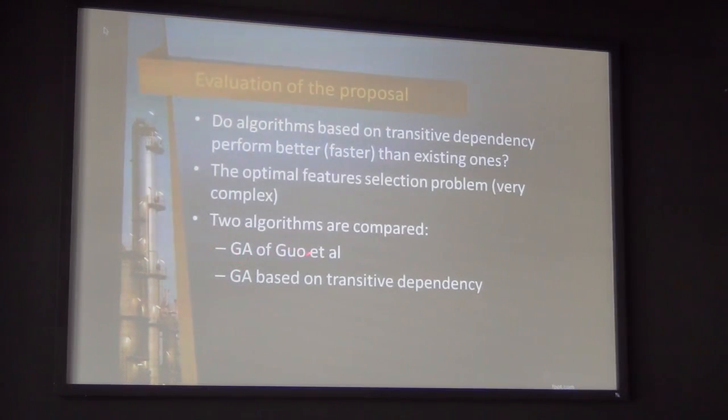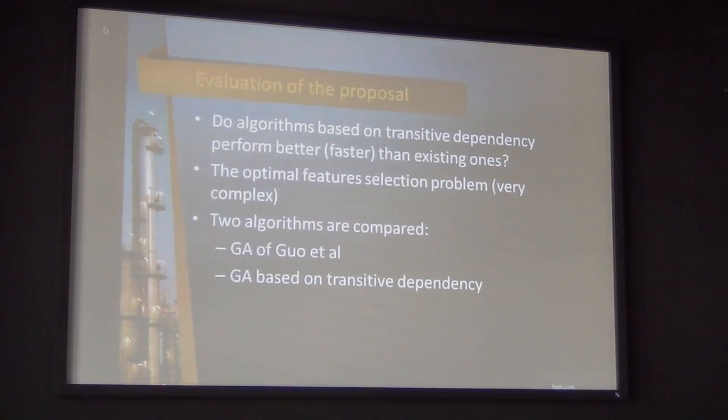The reference genetic algorithm for optimal features selection, which has been proposed by Guillot et al., and I compared the result to my genetic algorithm based on transitive dependence. Okay, and I illustrate this on the optimal features selection problem.